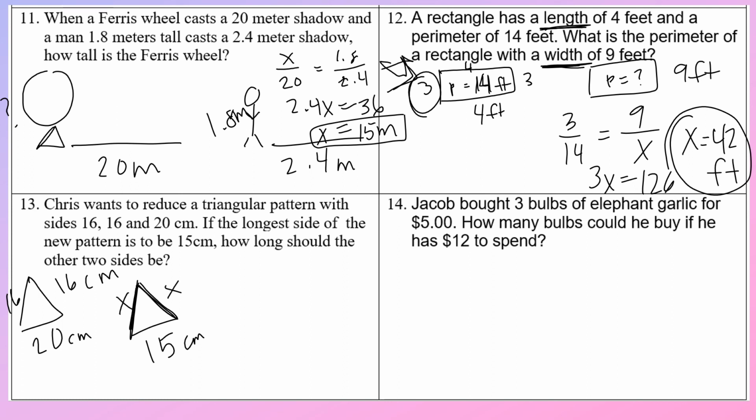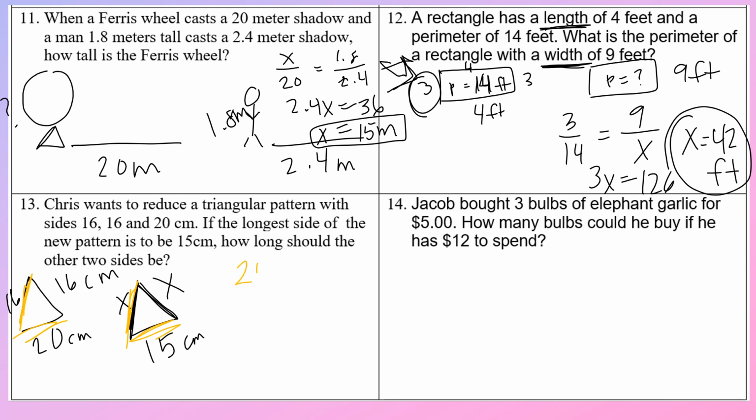We don't need to put in 2 x's, we could just put in 1 to solve this problem. Or you could do both x's and it doesn't matter what side you do. So I'm going to do this side, and then this side and this side. So I'm going to do the small triangle to the big triangle to the smaller triangle.